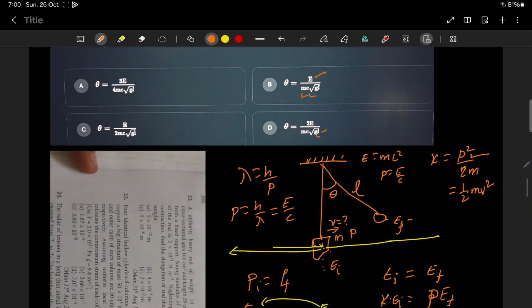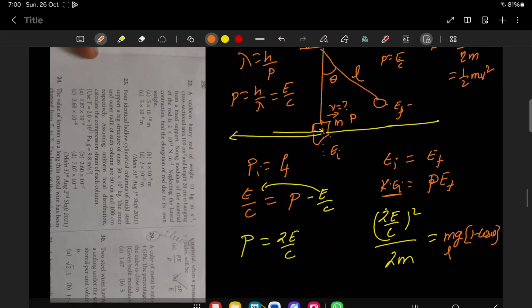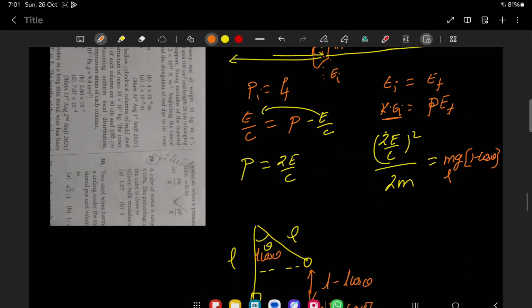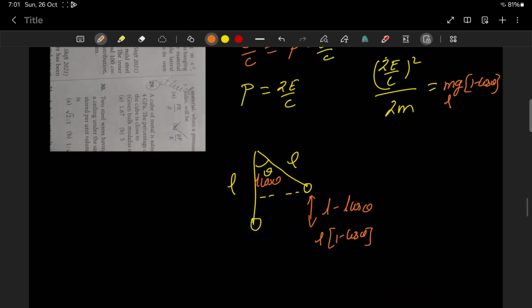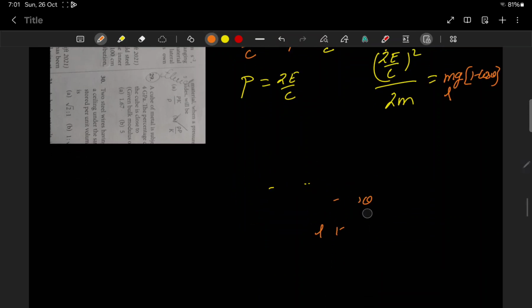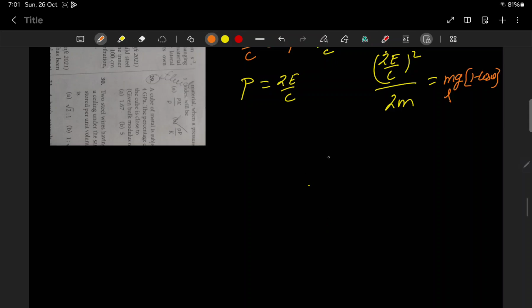So here the equation is set; separate out theta and you will get the answer. Let me erase this. Now, 4E squared by 2mc squared is equal to mgL into 1 minus cos theta. So 1 minus cos theta we can write as 2 sin squared theta by 2.